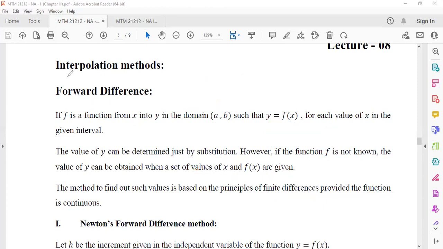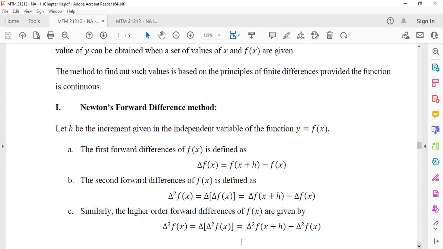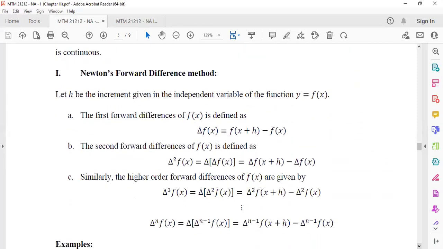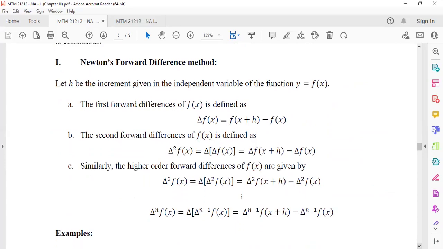There are two methods under the forward difference: one is Newton's forward difference method, and the other is Newton's backward difference method. Let's go through that method first, and then we can see one of the modified methods as well. I have sent you this module, so I'm going a little faster because I need to do the examples.